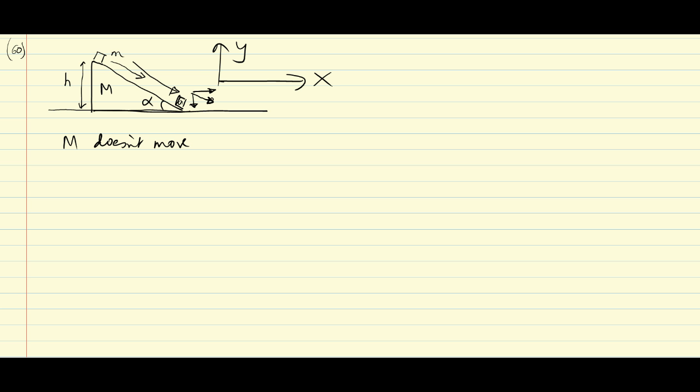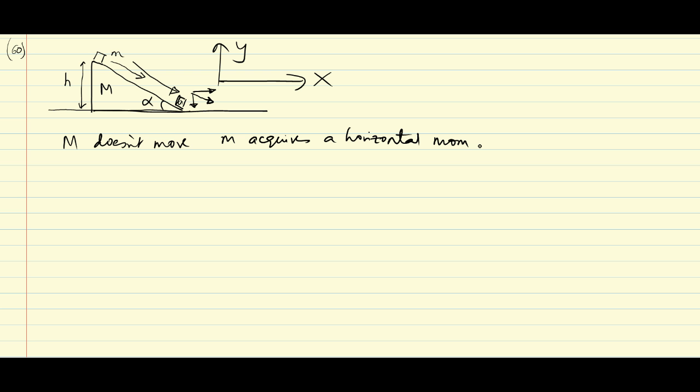So what we can gather from this is, if capital M does not move, then small m acquires a horizontal momentum. No doubt it acquires a vertical momentum also, but we are concerned with the horizontal component.